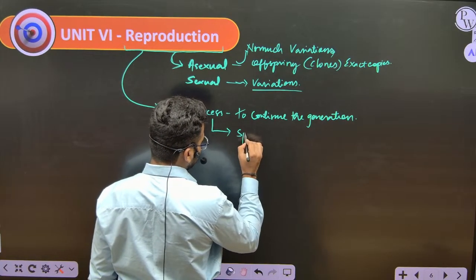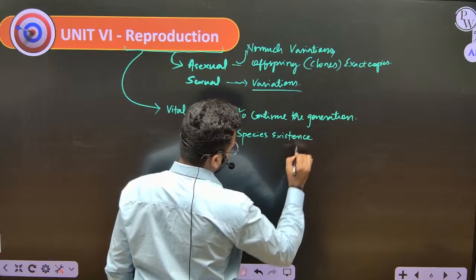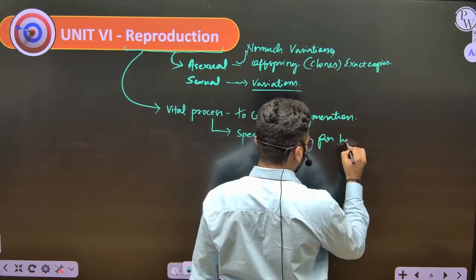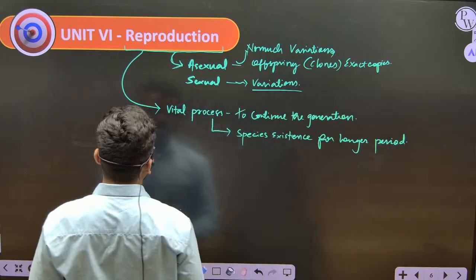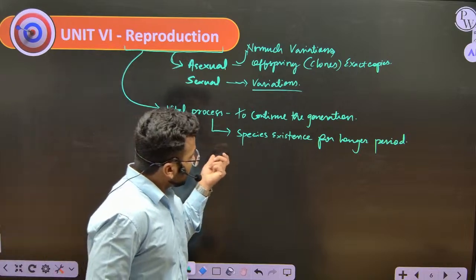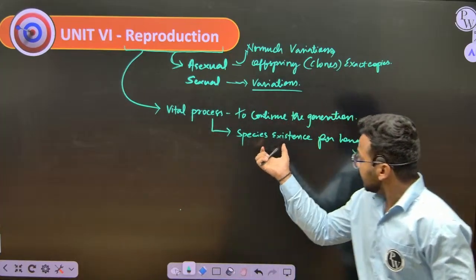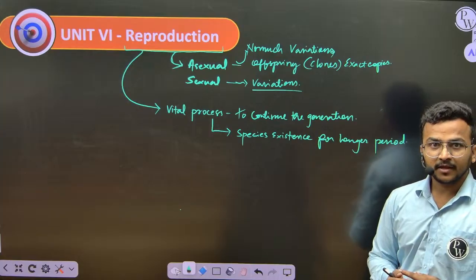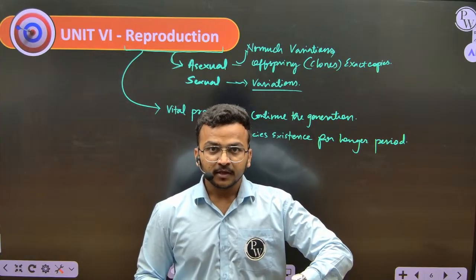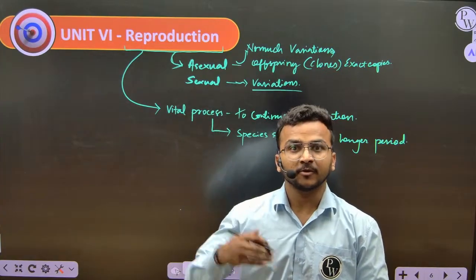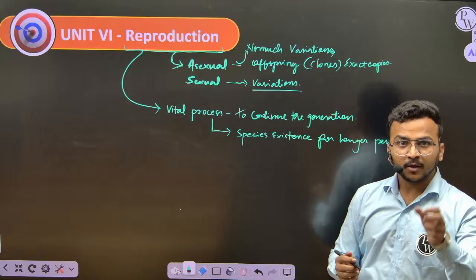Because of species existence for a longer period. Species existence is due to this vital process. Why are we calling reproduction a vital process? Because it is making the species exist. Today, as humans, we are alive because we were born from our parents. That is to continue the generation, reproduction is considered a vital process.